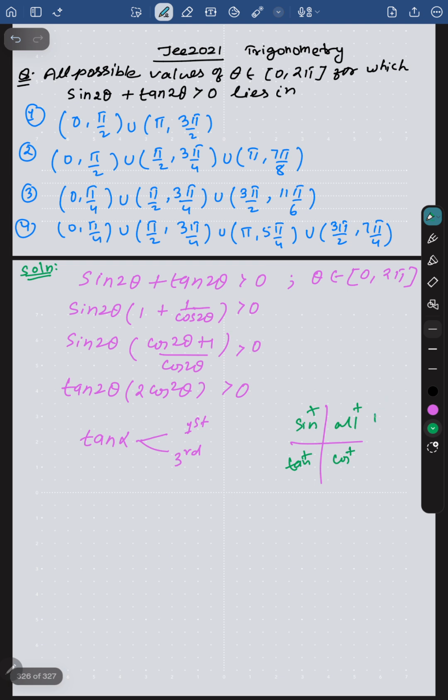This is the first quadrant, this is called the second quadrant, this is the third quadrant, and this is the fourth quadrant, which we already know.